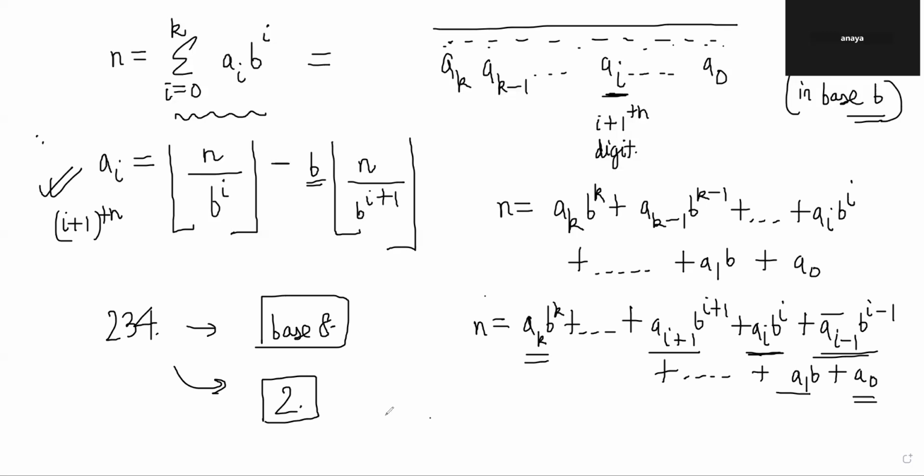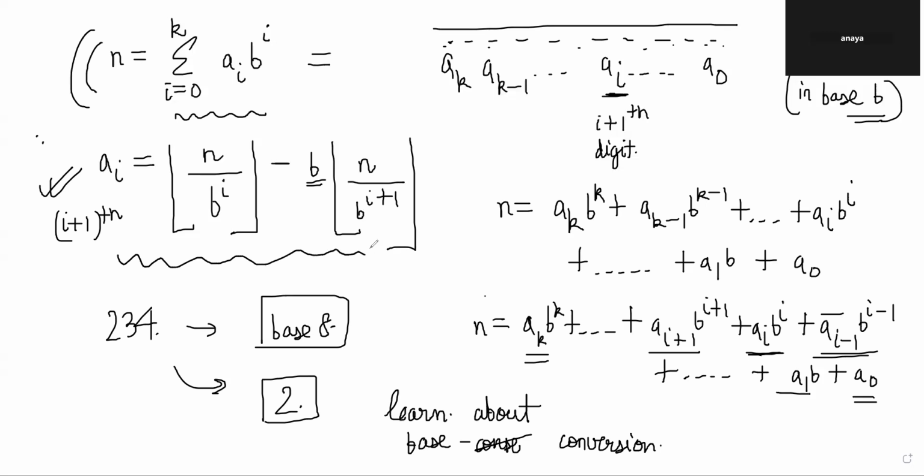So learn about these conversions of numbers from one base to another. Base conversions are something easy, and you should be able to figure out yourself what to do. Remember this general definition and this technique to find a particular digit, and then try a few base conversions. We will see problems later on where it becomes useful to convert from one base to another.